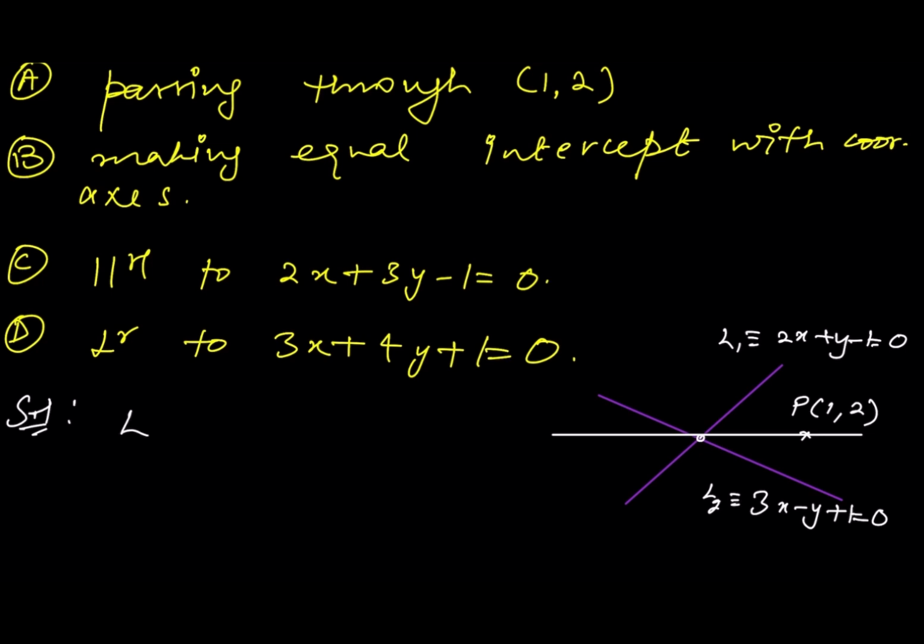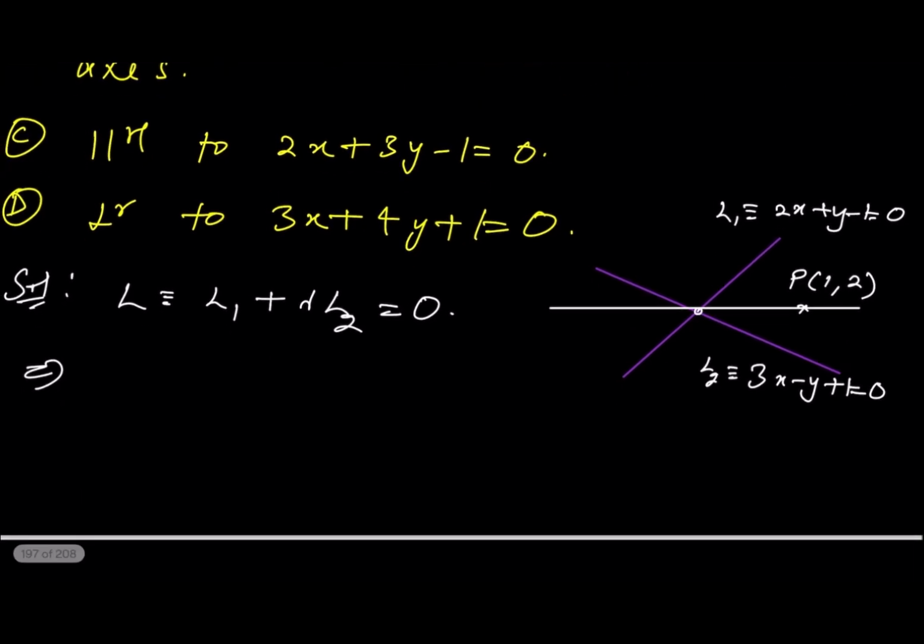or equation of line is L1 plus lambda times L2 is equal to 0. Now, this L can be written as 2x plus y minus 1 plus lambda times 3x minus y plus 1 is equal to 0.